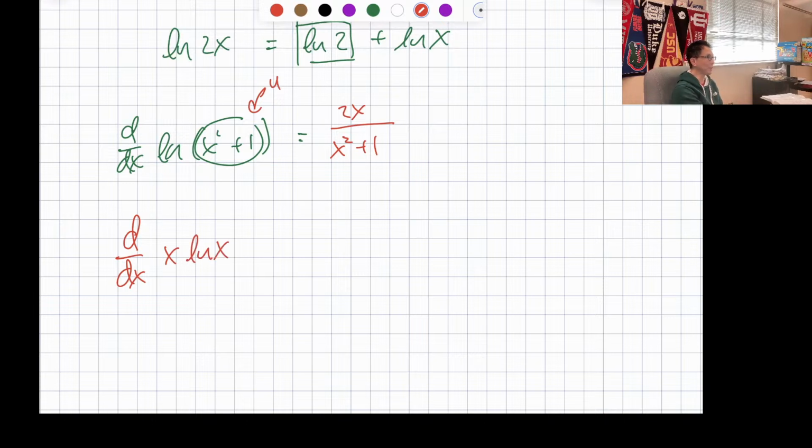Okay, so this is a hard one. This one I'm not gonna hold my breath. But I'm here. Can save me. So, derivative of x ln of x. Yes? I cannot trust you to save me. I'm dead. Nope.